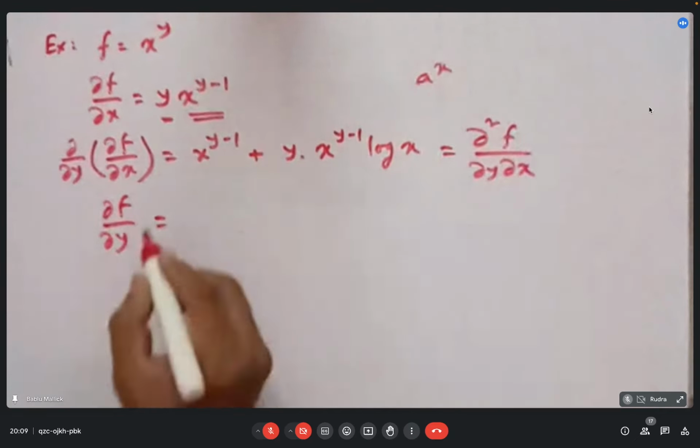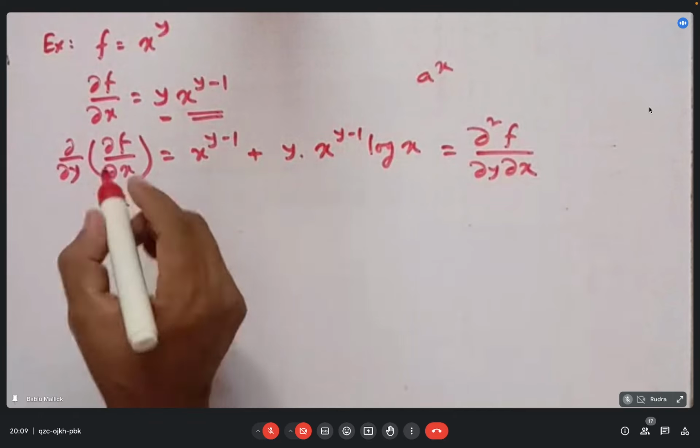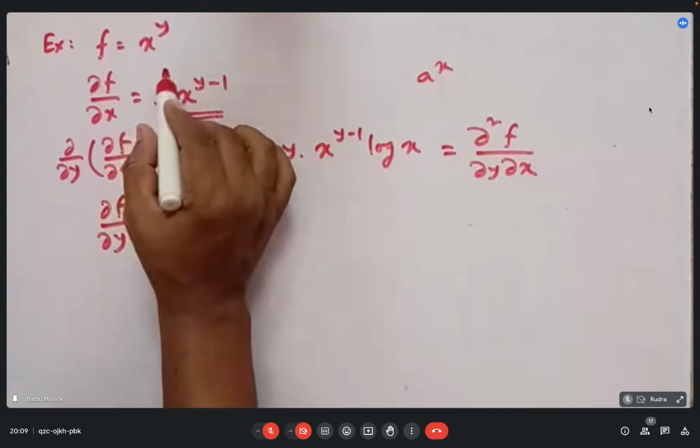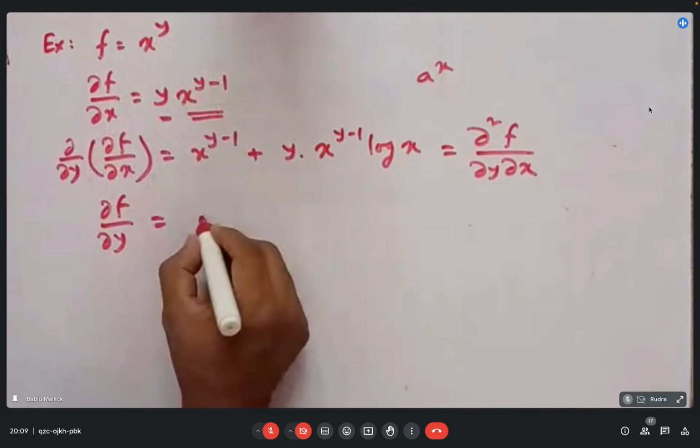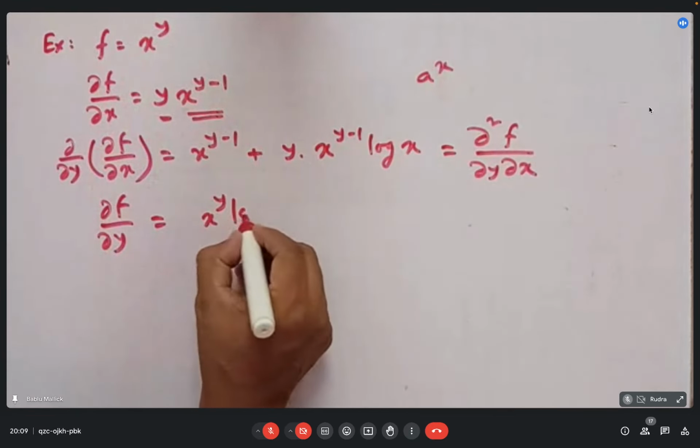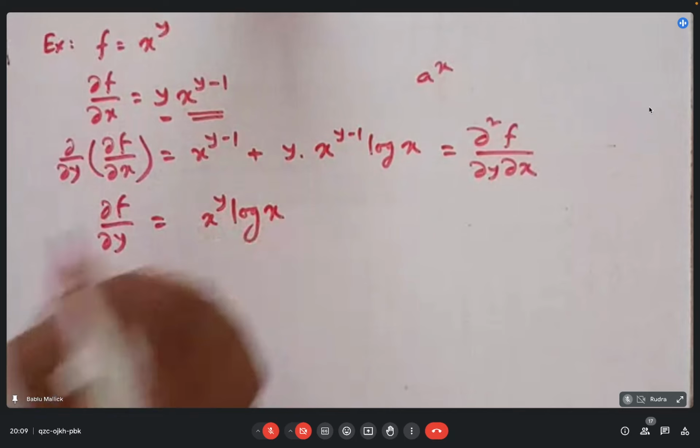Now del f del y, if I differentiate with respect to y, is x to the power y into log x.